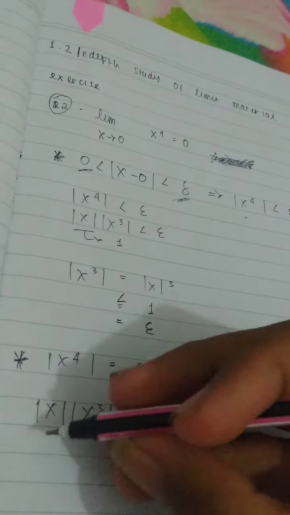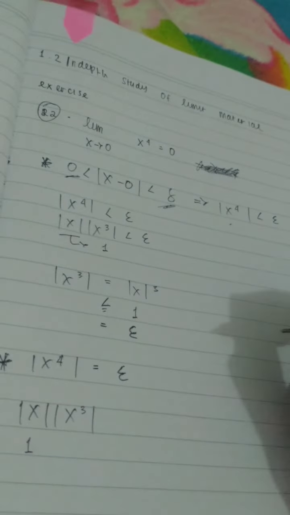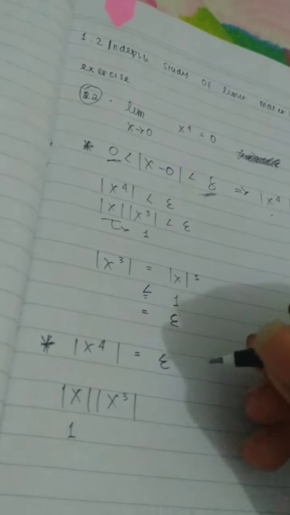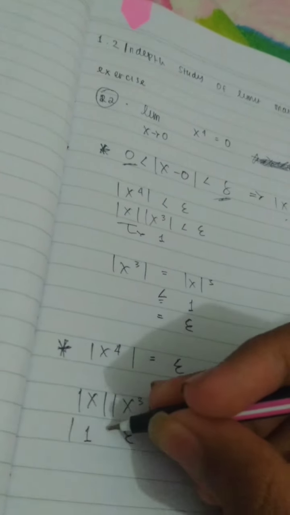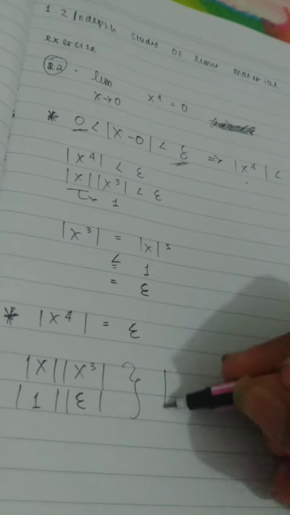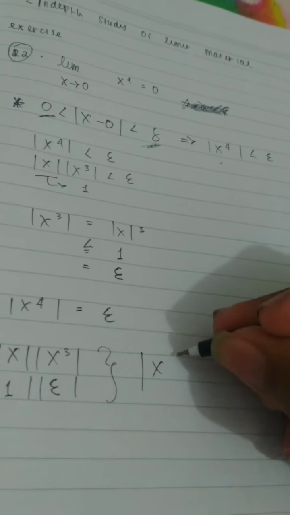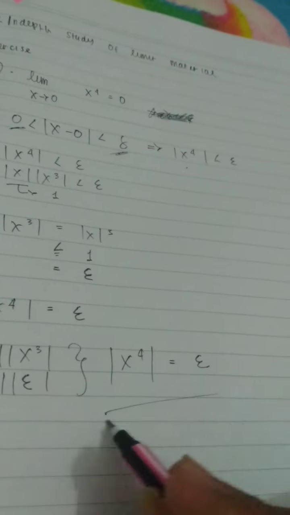We know that x is 1 and x³ is epsilon, so x⁴ is epsilon, so that is proved.